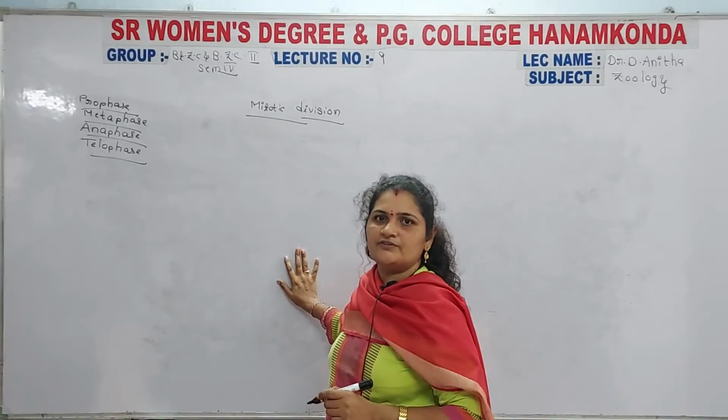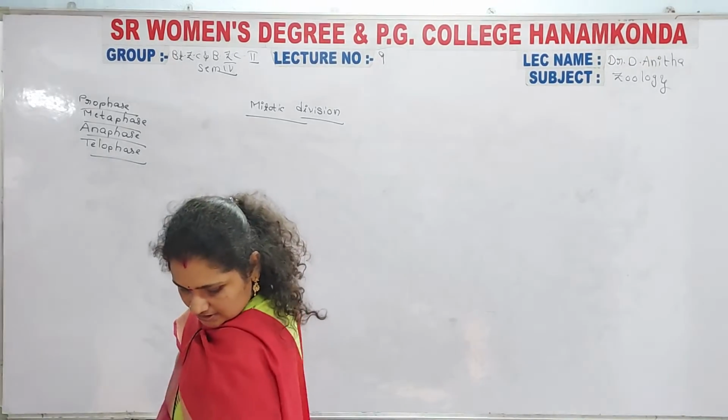Up to the completion of mitotic division, 4 stages are there.